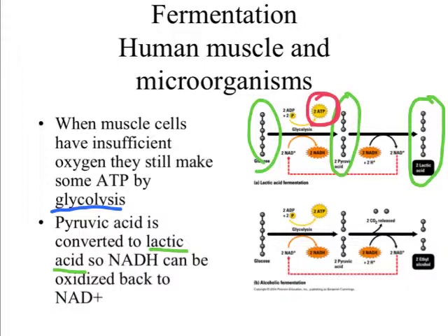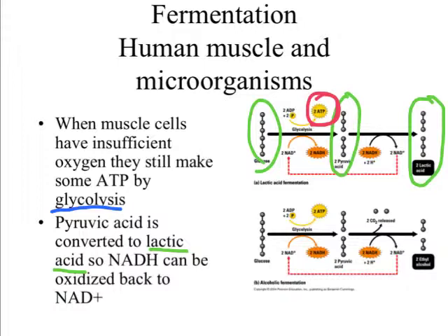Fun. Until your cells transport it out into your blood, it goes to your liver in order to break it back down into a usable sugar. So that's what happens in fermentation or anaerobic respiration in us humans and some higher order animals.